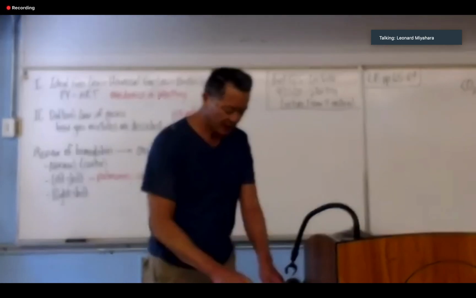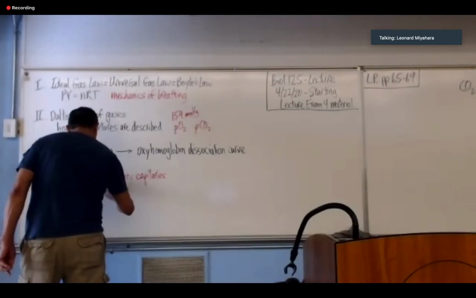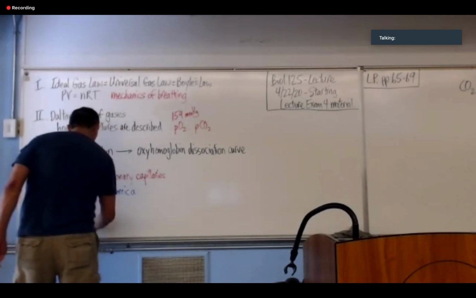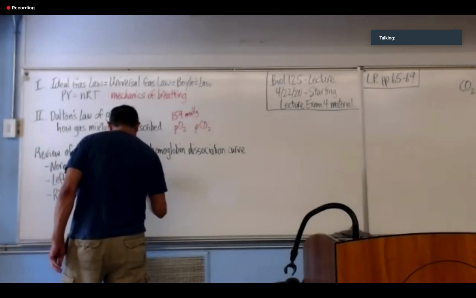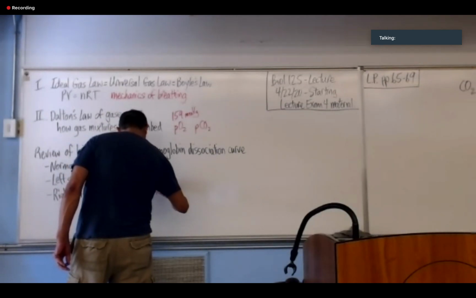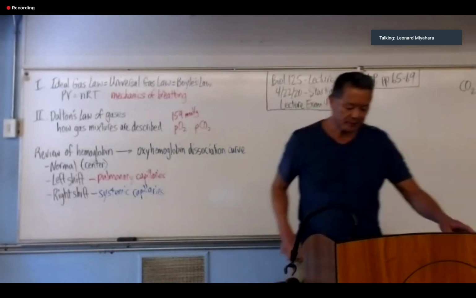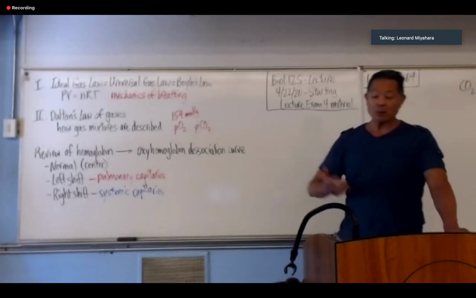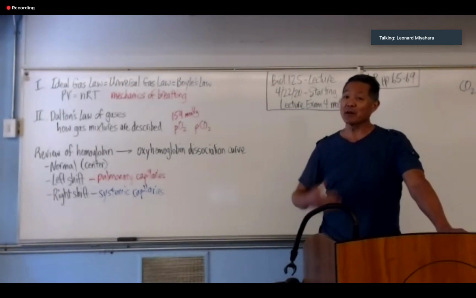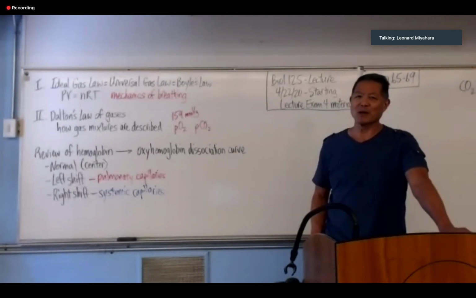The right shift is what we see in systemic capillaries, in all your tissues. Okay? And oxyhemoglobin changes depending on the conditions found in either the pulmonary capillaries or systemic capillaries. Hemoglobin is a miracle protein, it really is.